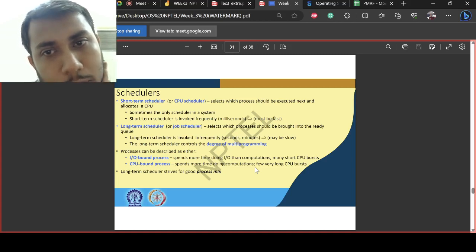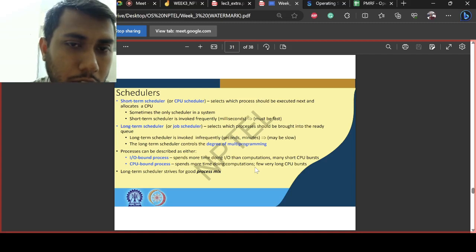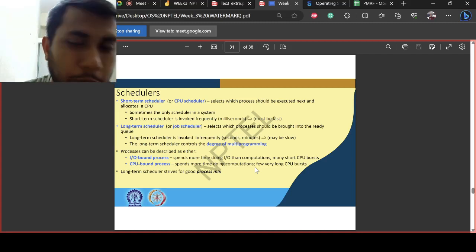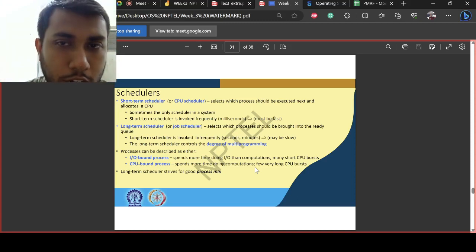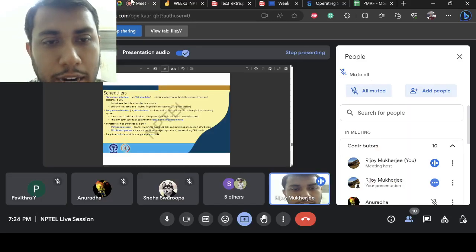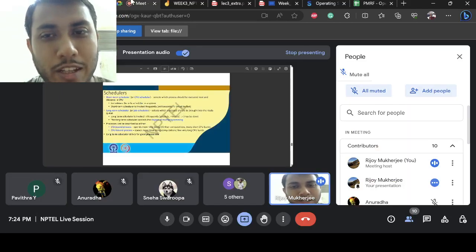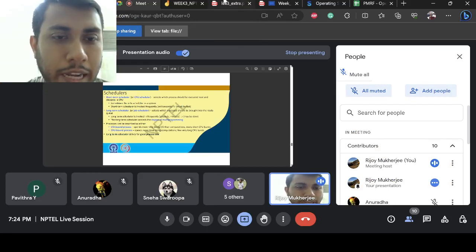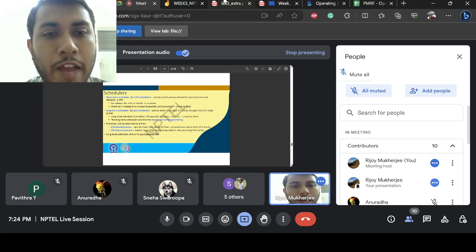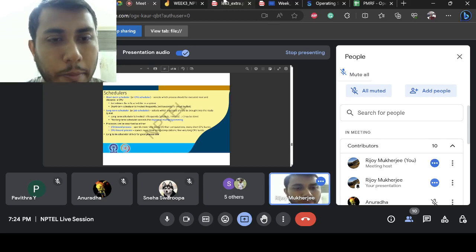So why is the term long-term scheduler used, and why is it short-term scheduling? The objective is that it depends on how much time it takes. A very crucial point to remember about the long-term scheduler: why would I bring a process into the main memory?